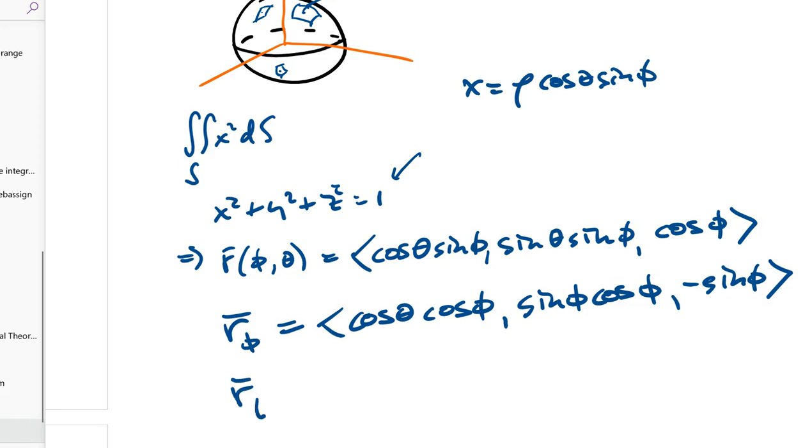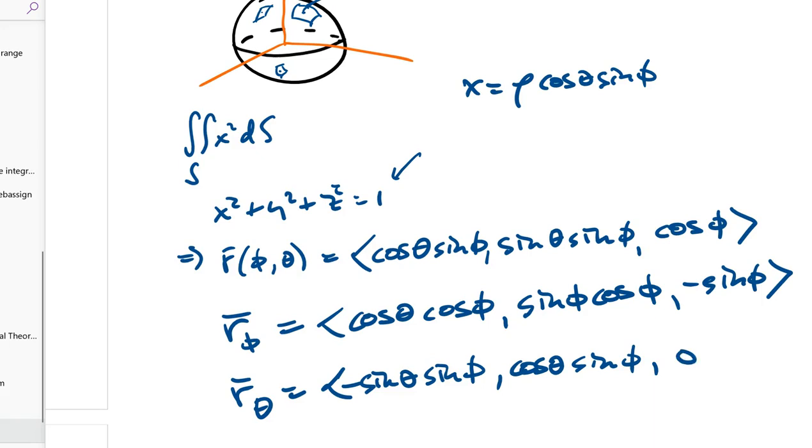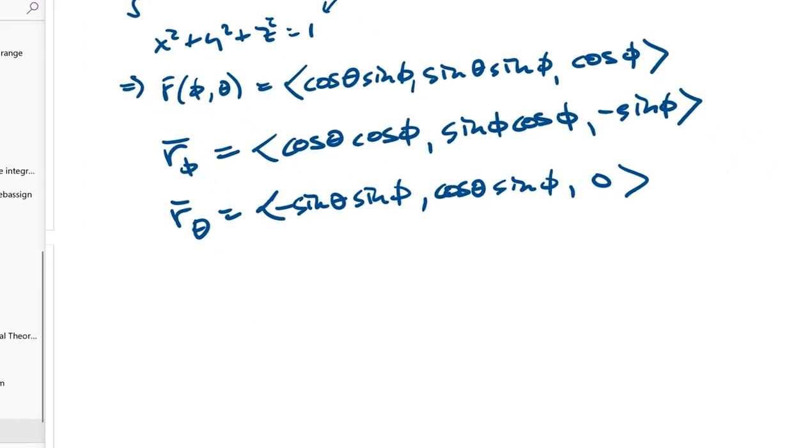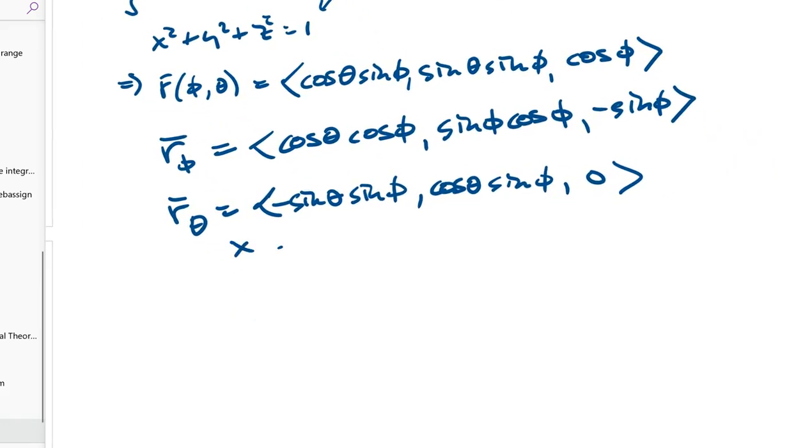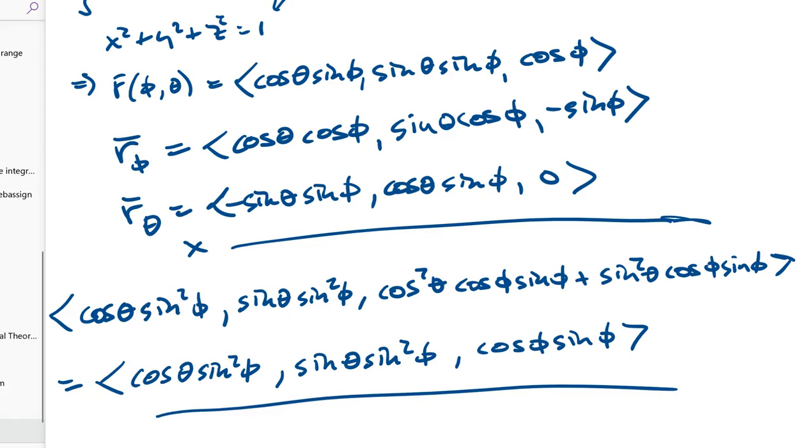And r sub theta is negative sine theta sine of phi, cosine theta sine of phi, and 0 for the last one, because it's just cosine phi. So now you perform the cross product. I'm going to pause the video and do it, and then you check it out and see if you understand it. All right, so this is what you get when you cross them.